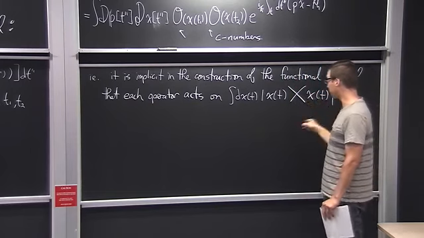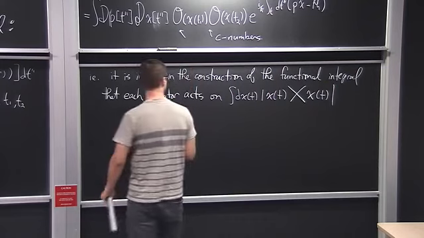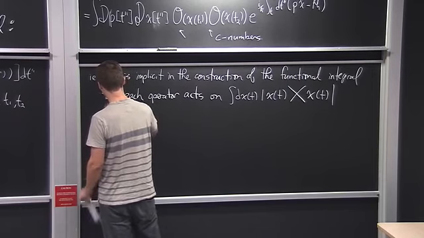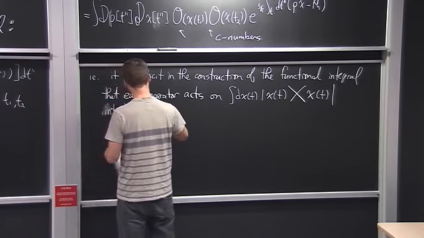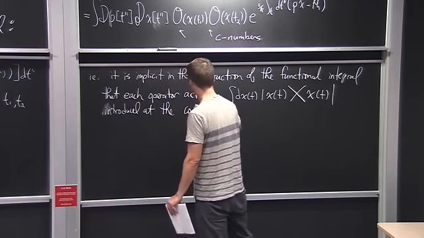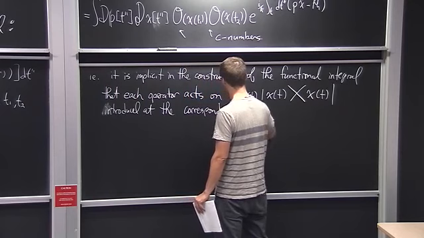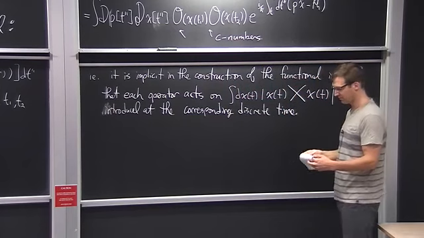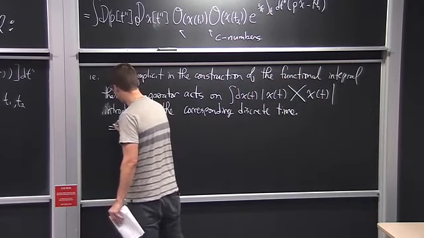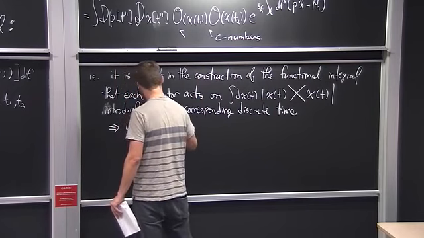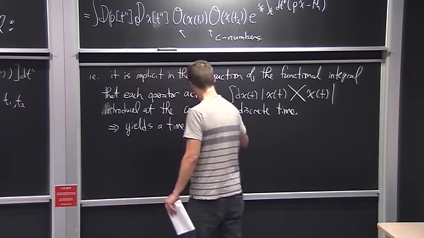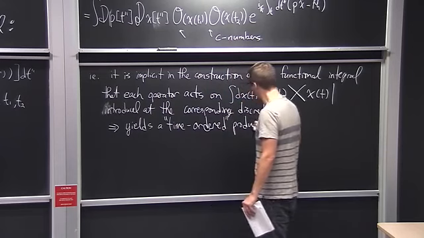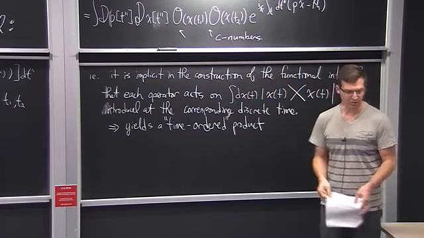So each operator acts on its associated resolution of the identity. When this thing's introduced, it yields a time-ordered product. So it's almost completely trivial.